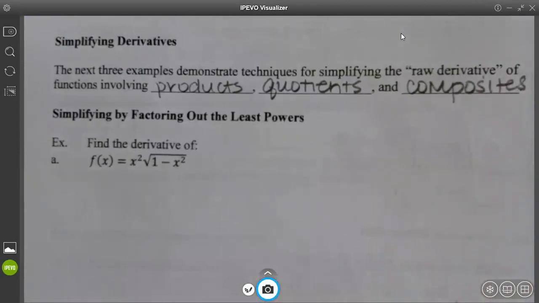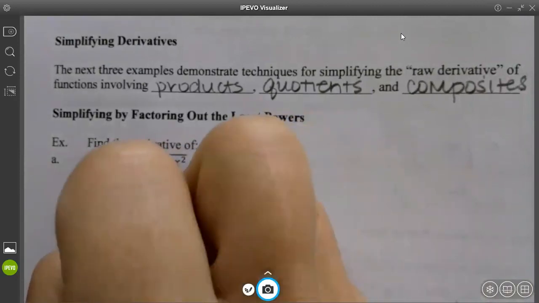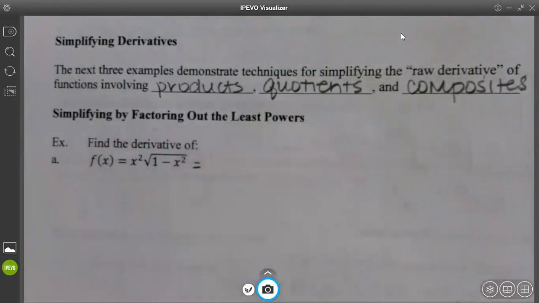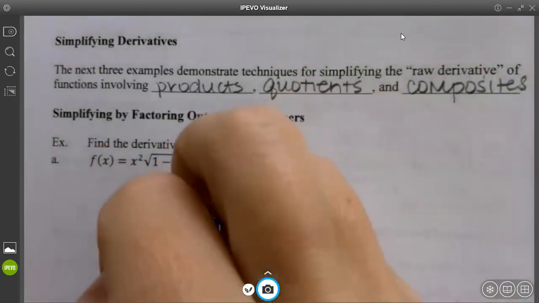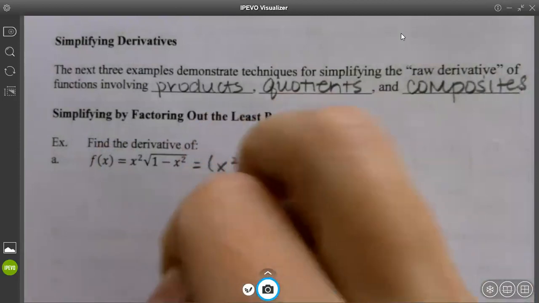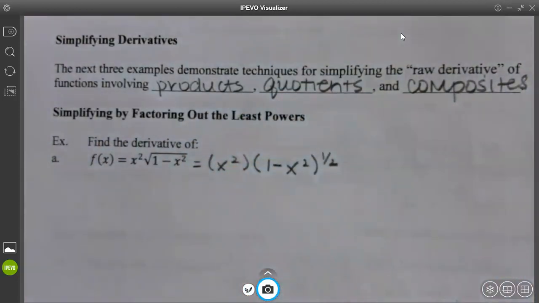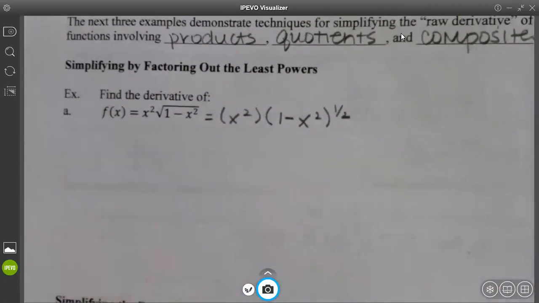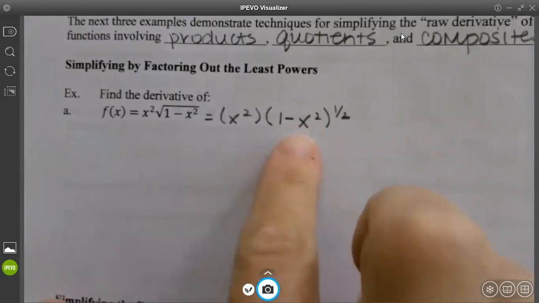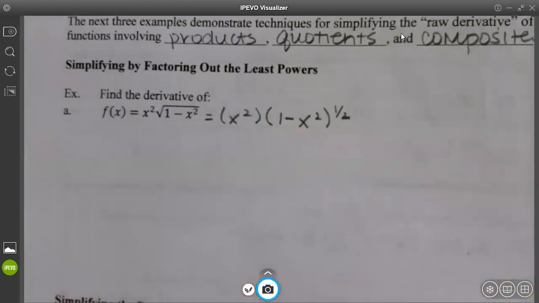Did I get it? Chain rule within the product rule. How can I clean this up before I even start? Perfect. So again, there's your product rule. What makes it have the chain rule is this 1 minus x squared. That's it.